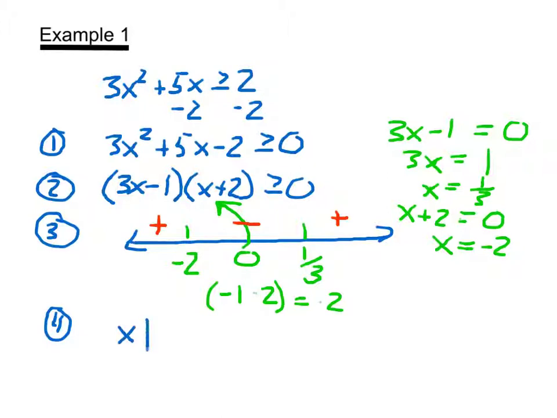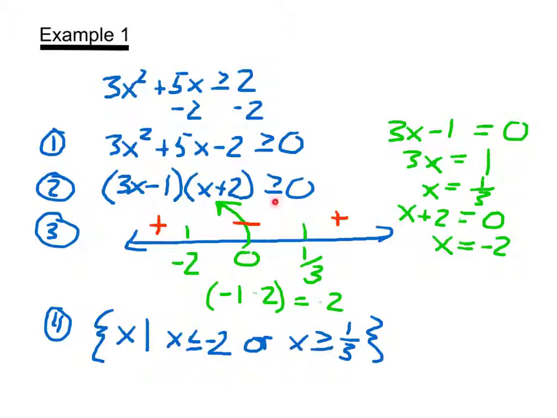I'm finding all real numbers x such that x is less than or equal to -2, or x is greater than or equal to 1/3. And again, I'm using greater than or equal to here because I had a greater than or equal to in the inequality, and the function is defined at both of these critical values, so I'm allowed to include them.